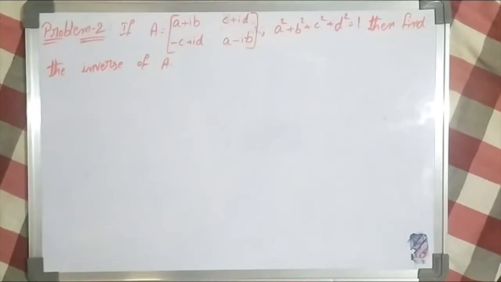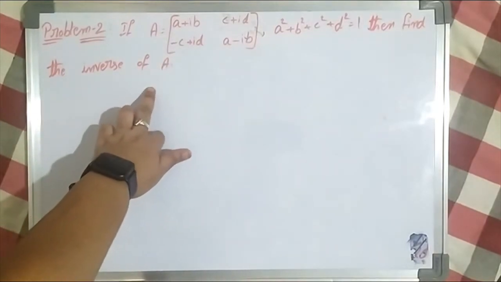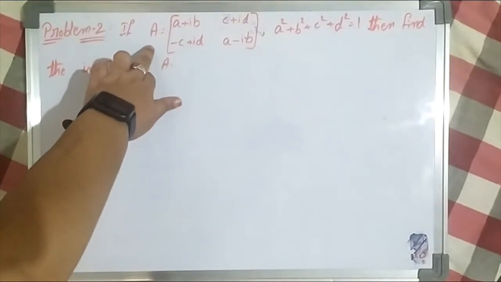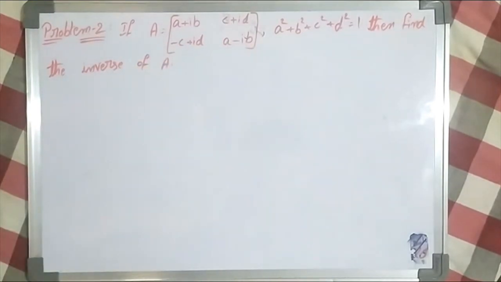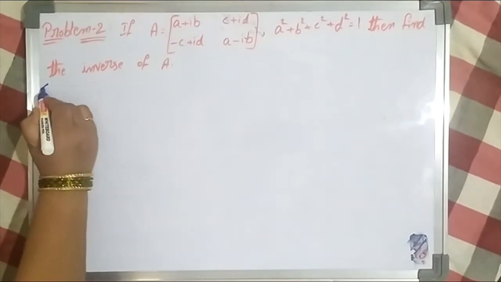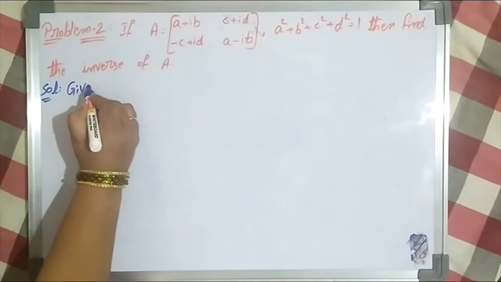In this problem also we have to find the inverse of A, nothing but the A inverse value. For that we are given a 2 by 2 matrix A, and also one condition. Then we will go to the solution. First write down the given matrix.